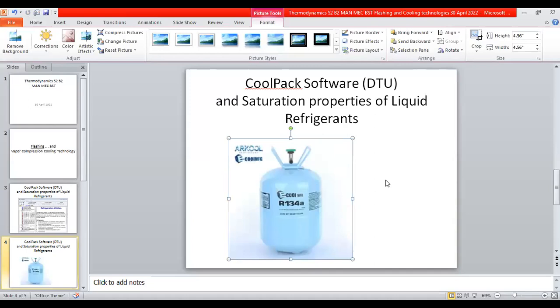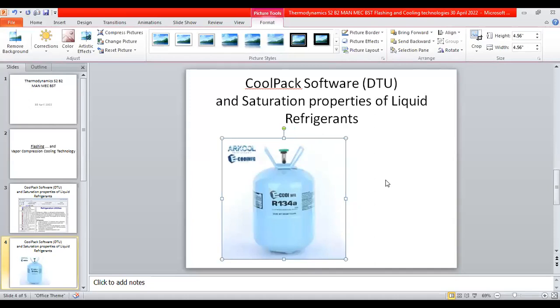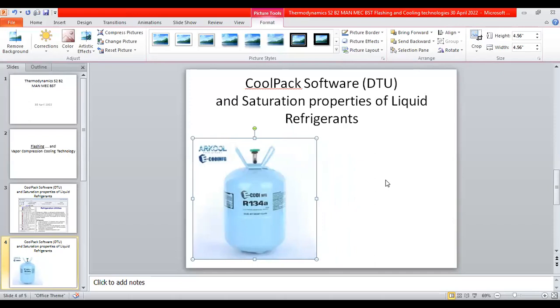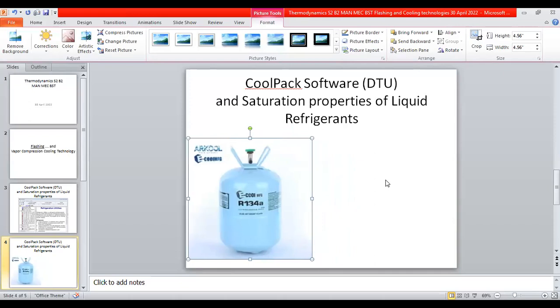This is from the web. So you all know about R134A. At least you have heard this.